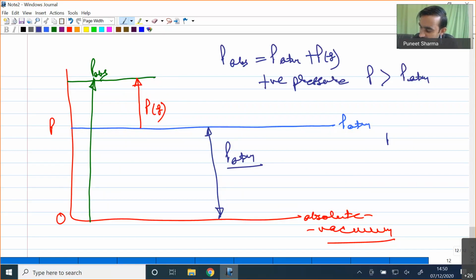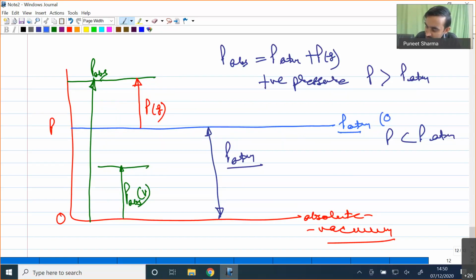If our pressure is less than P atmospheric, what will happen? The actual point where I want to measure the pressure will be somewhere over here. Any pressure below atmospheric is considered vacuum. So this is my P absolute, but this is my vacuum pressure. If I measure the same pressure with reference to atmospheric, because atmospheric is zero gauge, in terms of gauge this pressure will be negative.